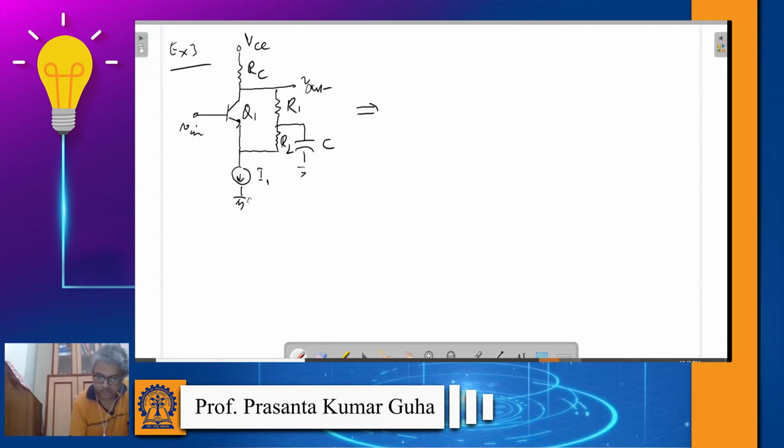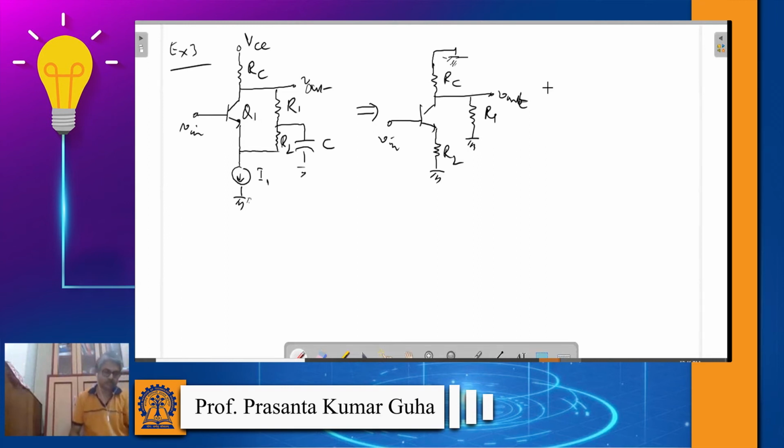So we can redraw this circuit, and right, because you see through this, if the capacitor value is large, through this capacitor, this R2 is basically shorted to ground, and R1 is also going to the ground.